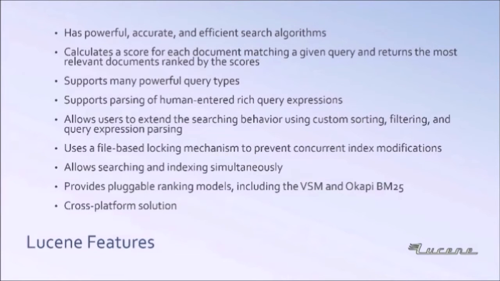It supports many powerful query types, including phrase query, range query, Boolean query, and more. It allows searching and indexing simultaneously and provides pluggable ranking models, including VSM and Okapi BM25.